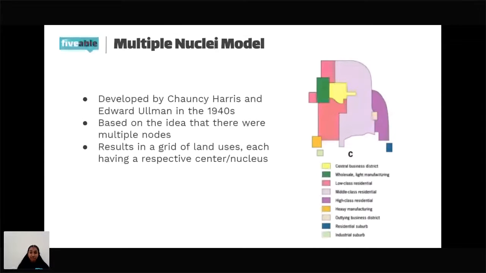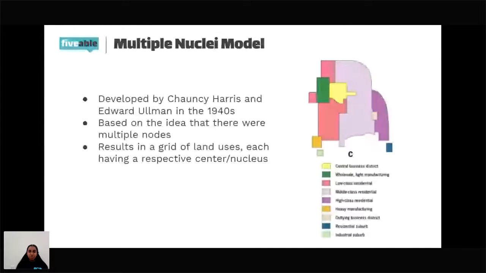And I know what you're thinking, this is a really complicated model, but I promise you don't have to memorize it. Each model is going to be a little different. Every decade there's a better theory, honestly, so the theories get more complicated. The multiple nuclei model is the truest to how cities are today.